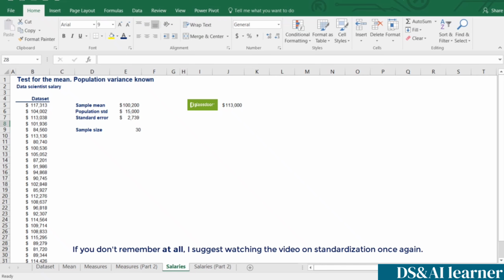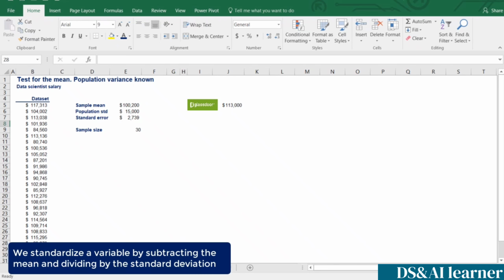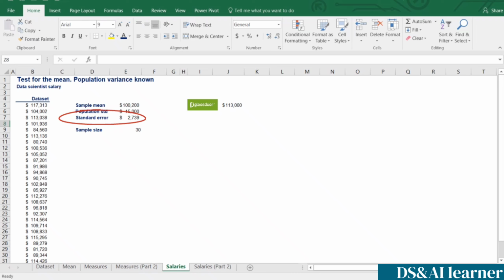For the others, I will quickly go through it. We standardize a variable by subtracting the mean and dividing by the standard deviation. Since it is a sample, we use the standard error. Thus, the formula for standardization becomes capital Z is equal to the sample mean minus the value of interest from the null hypothesis divided by the standard error.